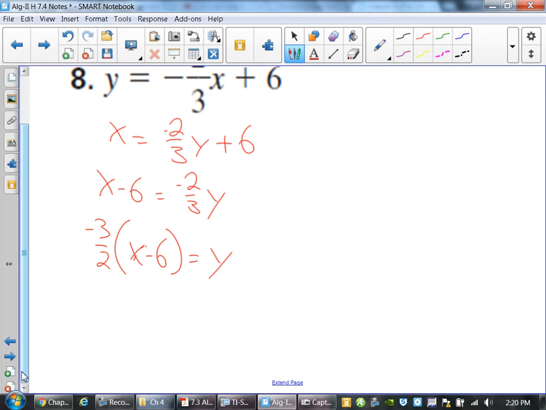And what do you get? You get a +9. Okay? That's how you find inverses.